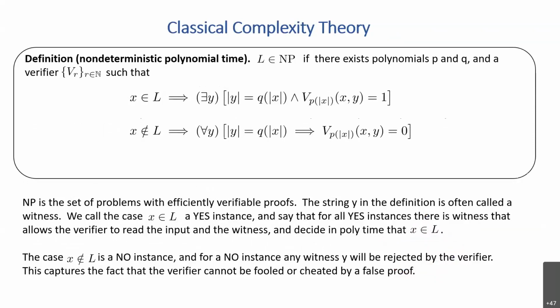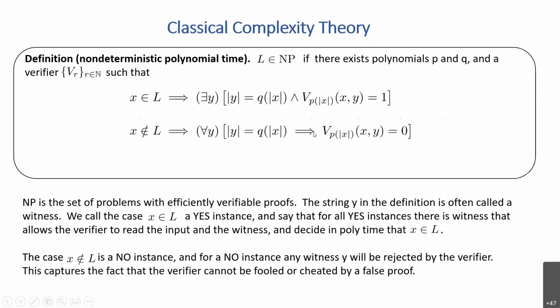Let's now do the formal definition of NP. A language is in NP if there exist polynomials p and q and a verifier family such that for any x in the language, there exists some string y, which is the witness, with length polynomial in the length of the description x, and there's a verifier whose circuit size is polynomial in the description x that takes as input both x and the witness y and outputs true.